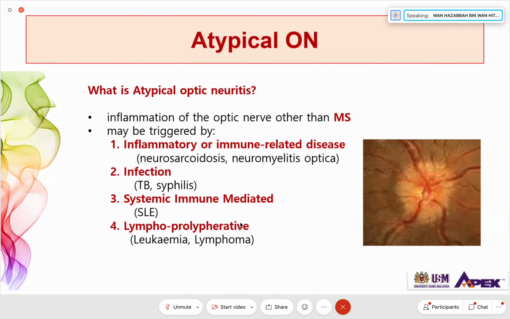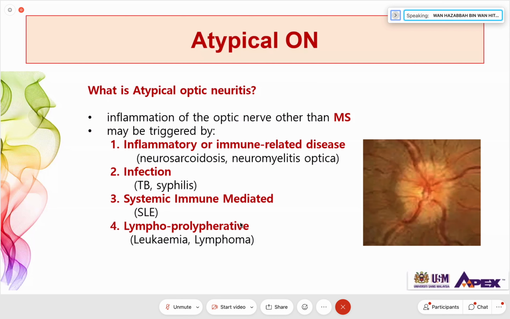So we move a little bit to atypical optic neuritis. When we say it's atypical, it means those cases which are not typical. It's quite straightforward. Then why does all this happen? Because in our setup, as I just showed you, 50% of our patients, we do not know the cause.